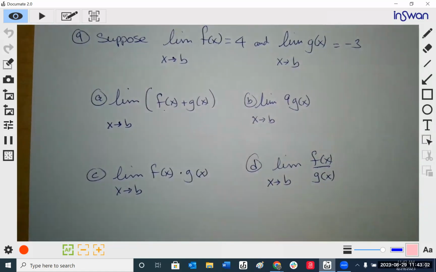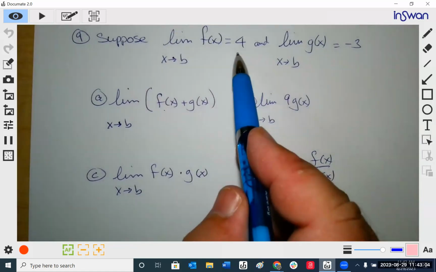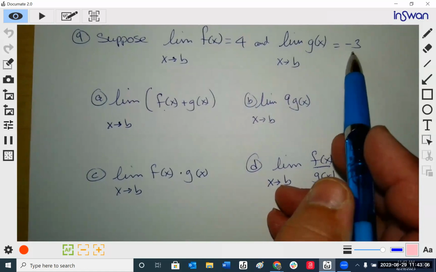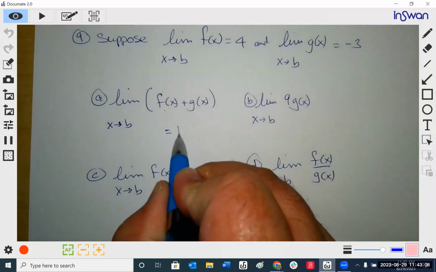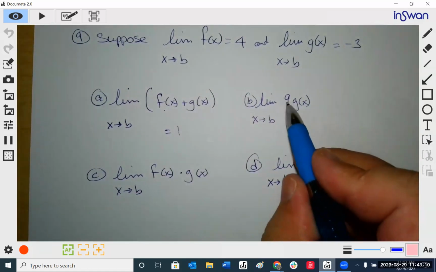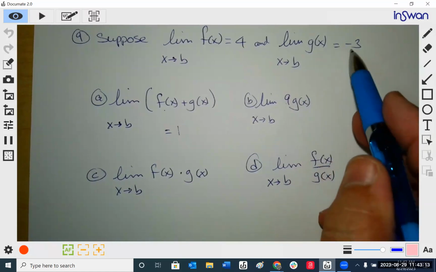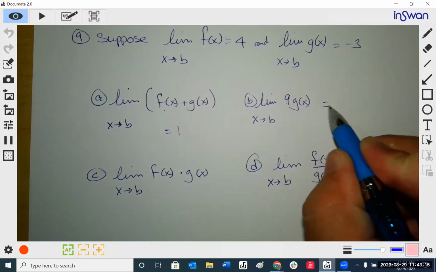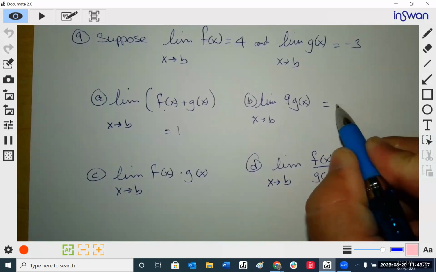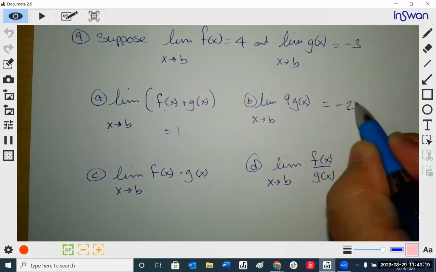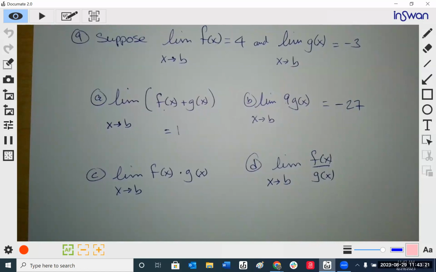F of x plus g of x is what? 4 plus -3. 1. 9 times g of x. So 9 times -3 is going to be negative. 9 times 3 is 27.